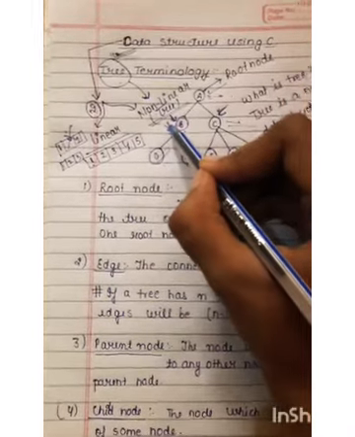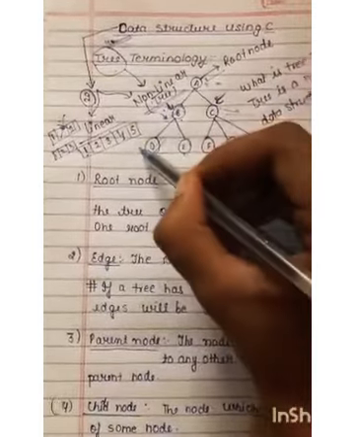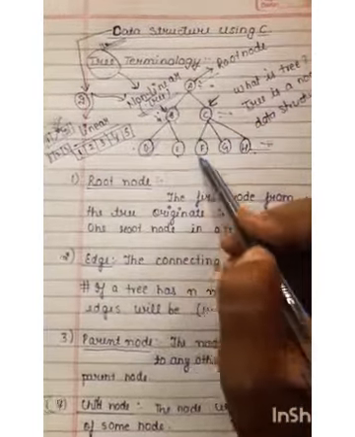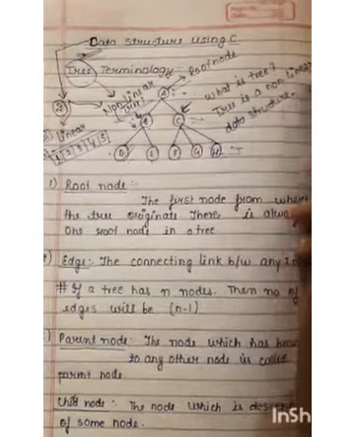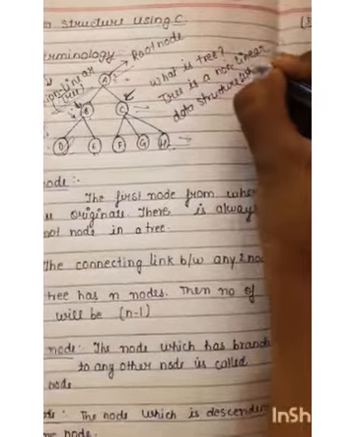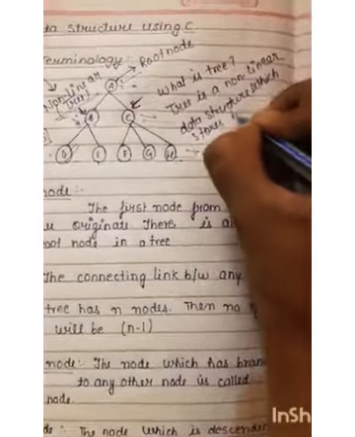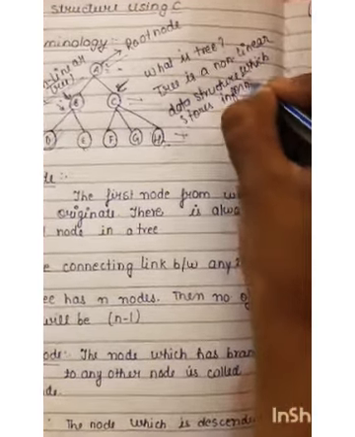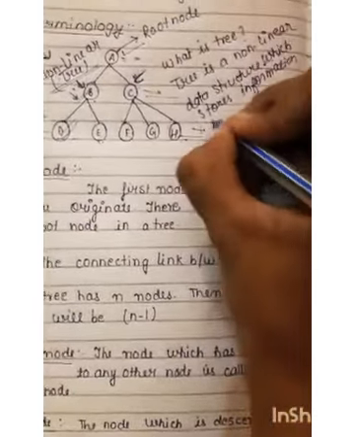I will explain the important tree terminologies using the example of this tree. Can you see this tree? What is a tree basically? Right now I have told you it is a non-linear data structure which stores information in a hierarchical way.